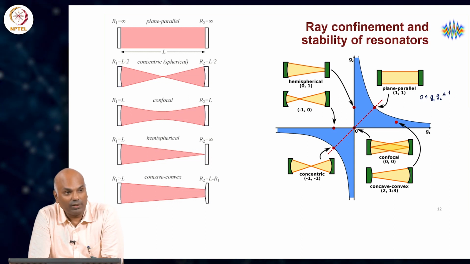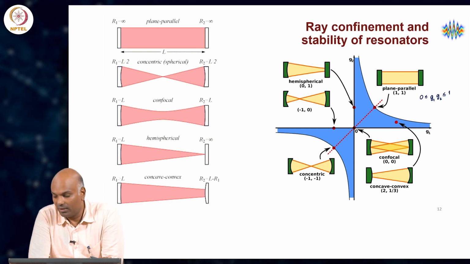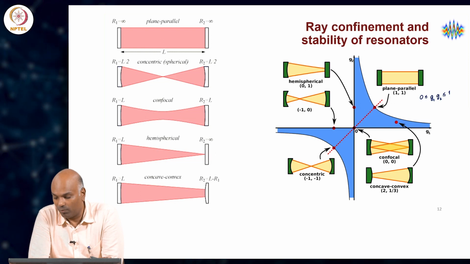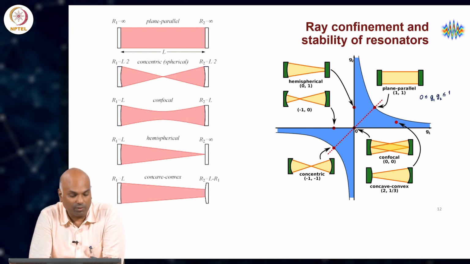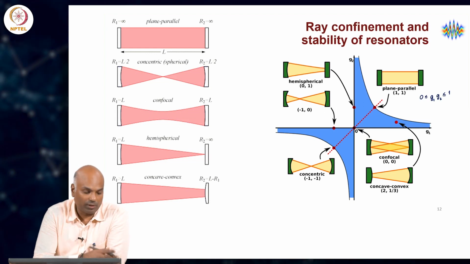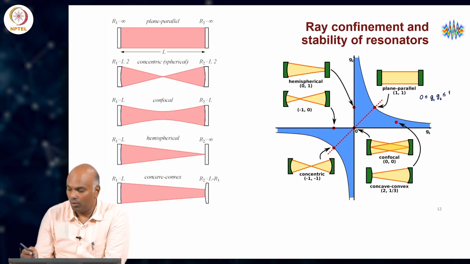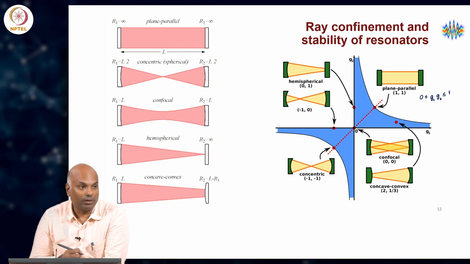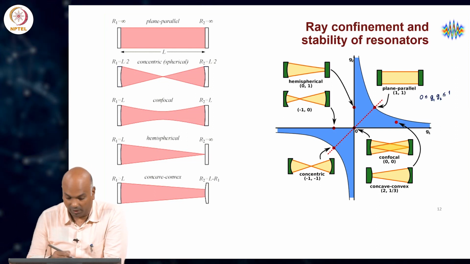If your resonator has a design such that its G parameters, one G for each of the two end mirrors, R1 and R2, follow this, if G's are defined according to that.